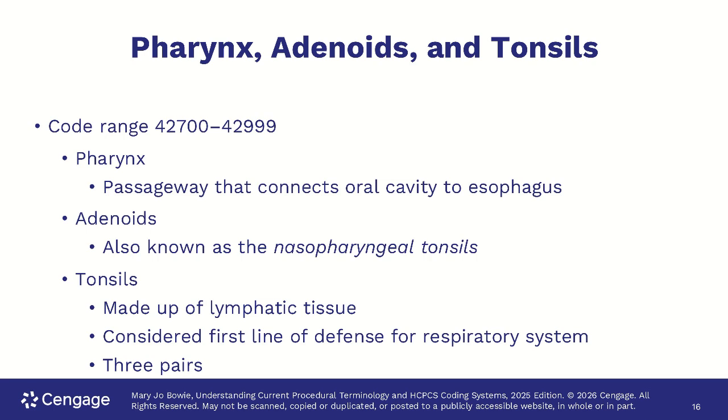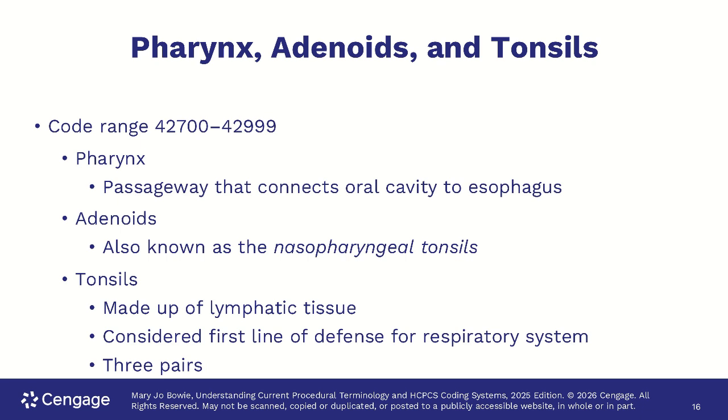All right. So I talked about the pharynx. Oh, adenoids. So adenoids are one of three sets of tonsils. Adenoids are also referred to as the nasopharyngeal tonsils.